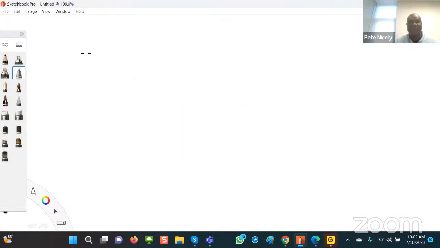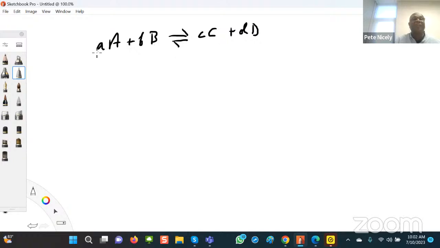So if you have an equilibrium system, and this is purely hypothetical, aA plus bB to give cC plus dD. The lowercase letters represent the coefficients, and the uppercase letters represent the formulas for the different substances.